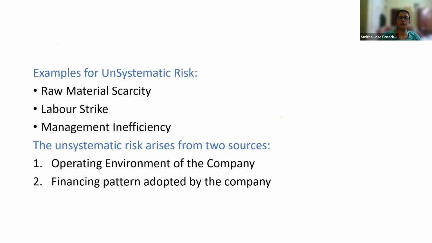You can opt for another company. These kinds of risks are known as unsystematic risk. Why? Because this doesn't affect the entire industry or the entire market. These risks are firm specific risks, so you can avoid that particular firm or industry, and opt for another industry or firm.